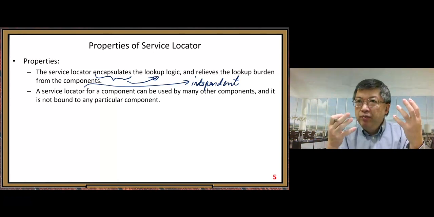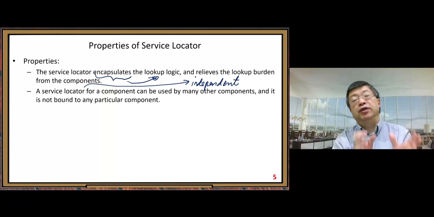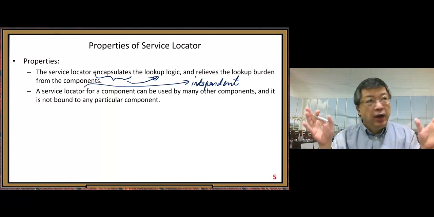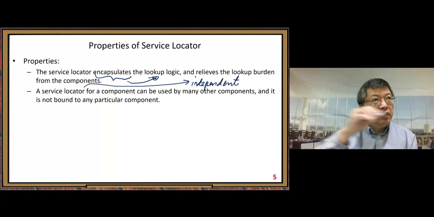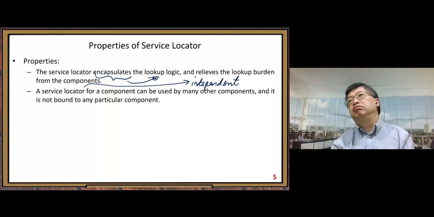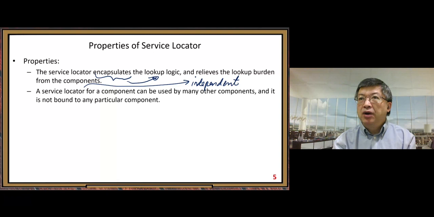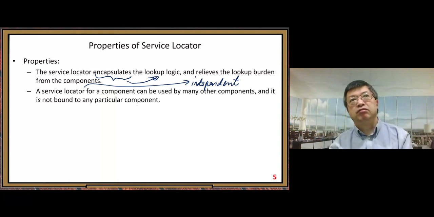Compare that with the older way, where you do not use the service locator for the resource. In that situation, you have to write your lookup logic in all those different Java classes, and it is very hard to keep track of all those Java classes.